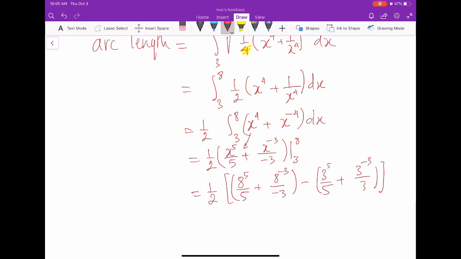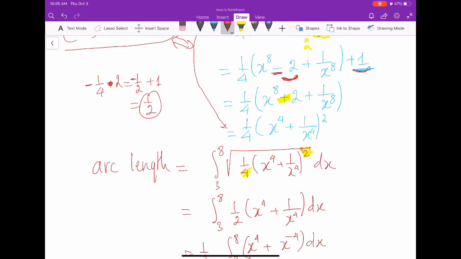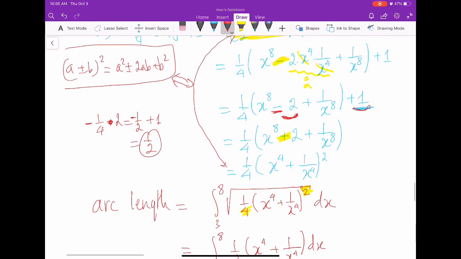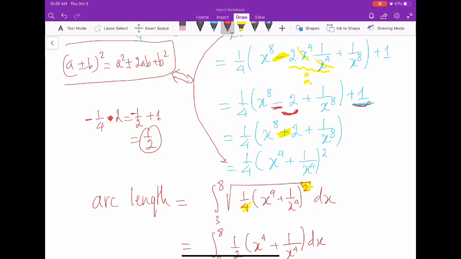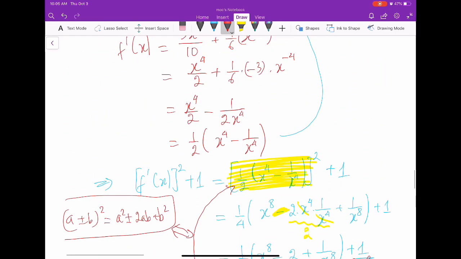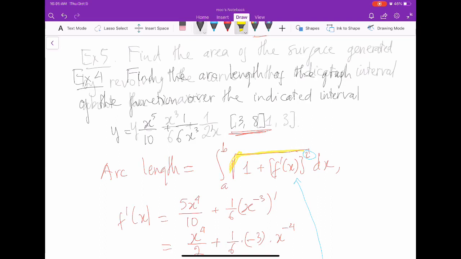So that is the problem, how to find arc length. I would mention that the arc length problem is sometimes difficult because of the formula, the square root of 1 plus the square of the derivative. Because of this, sometimes you might have a very difficult integral. But it's okay. All right, so we finished with this problem.